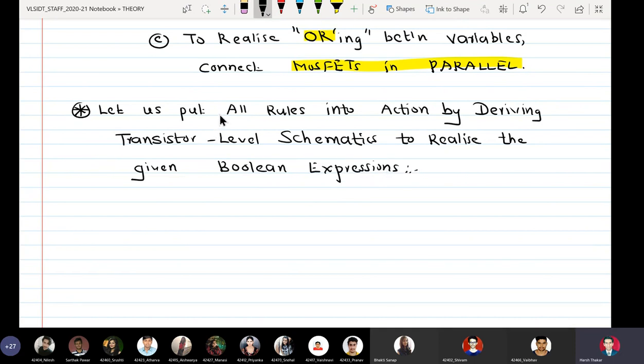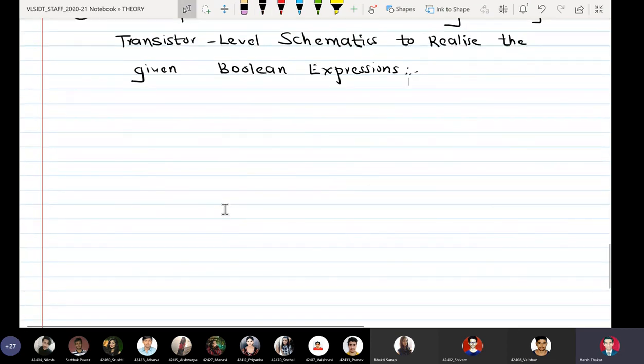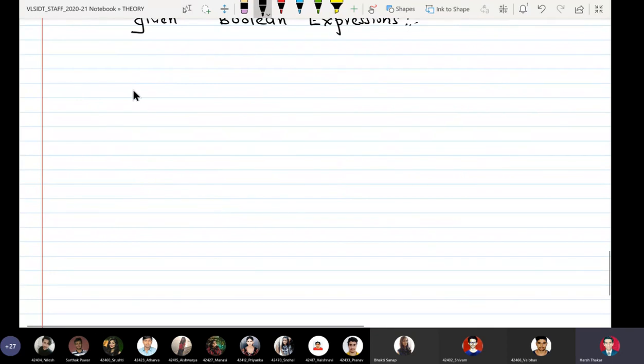Let us put all rules into action by deriving transistor level schematics to realize the given Boolean expression. The first functionality which we want to realize is a NAND gate.